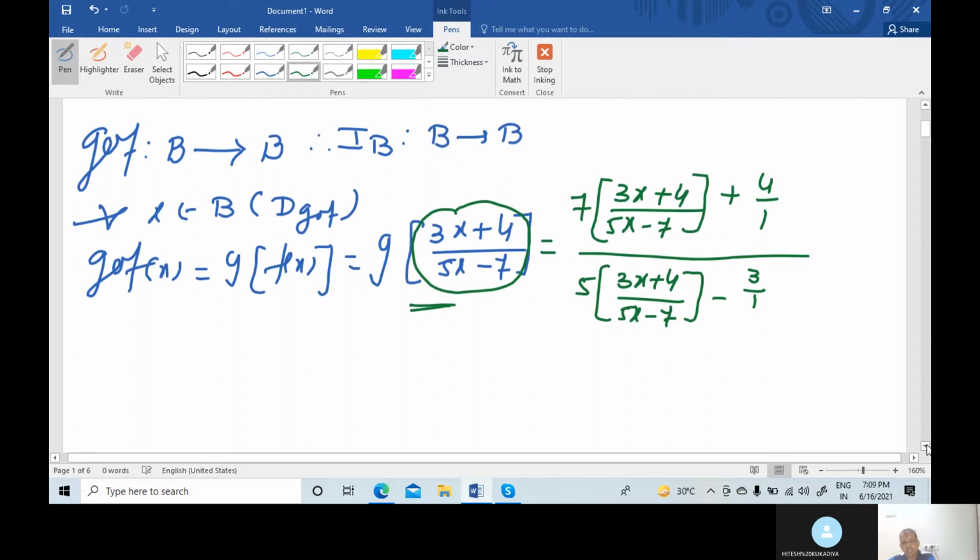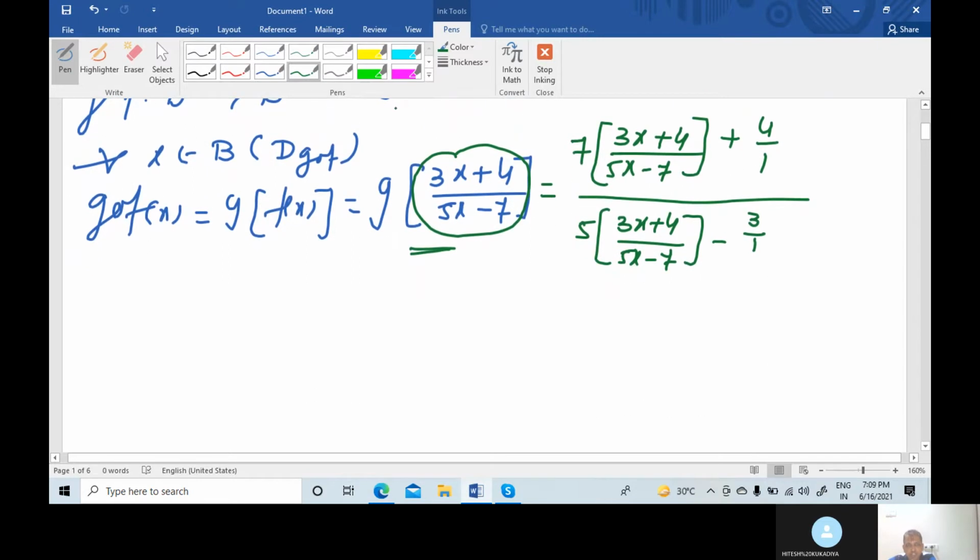Now simplify, very easy. Now cross multiplication here: 1 is multiplied by this bracket, and 5x - 7 is multiplied by here. Exactly the same calculation in the denominator. The numerator and denominator both have the same LCM, so the LCM will be cancelled.